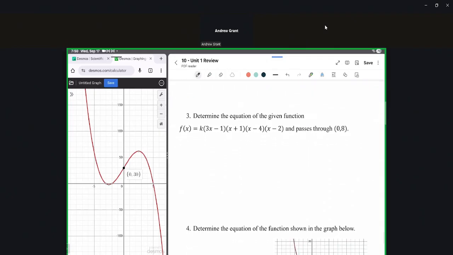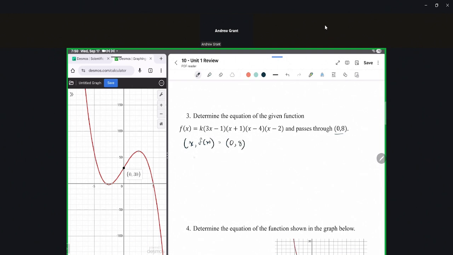Okay, question 3. We're going to determine the equation of a given function. F of x is equal to k times (3x minus 1) multiplied by (x plus 1) multiplied by (x minus 4) multiplied by (x minus 2), and that's going to pass through (0, 8). So we're going to make the substitution that (x, f of x) is the same thing as (0, 8).